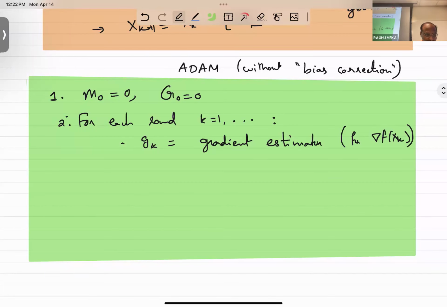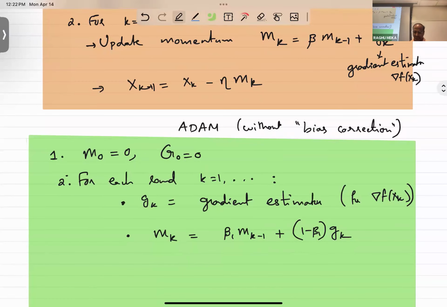Okay. And then I compute this guy. It could either be like some mini batch size sample or anything else that you have. And then we set the momentum term, okay. So we are updating the momentum term just as in this equation. So no change there, right?